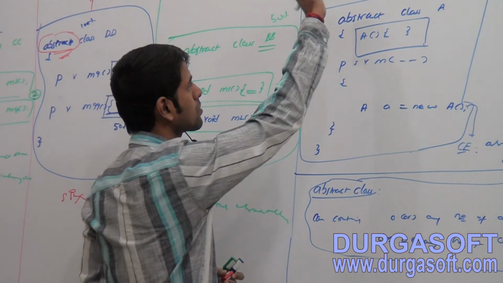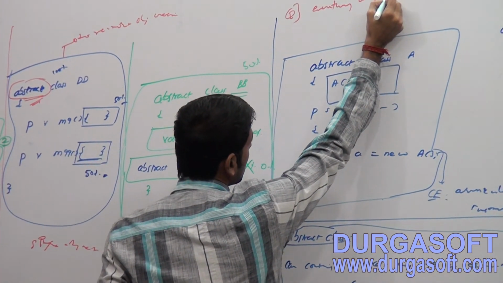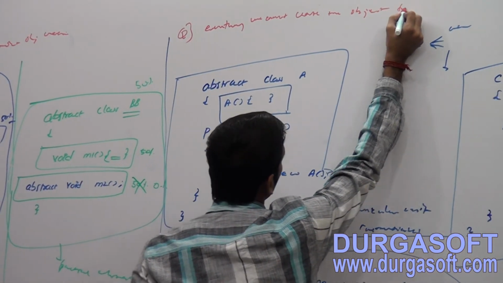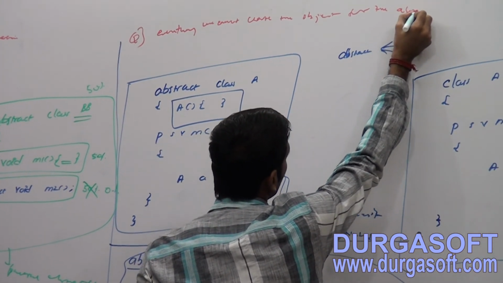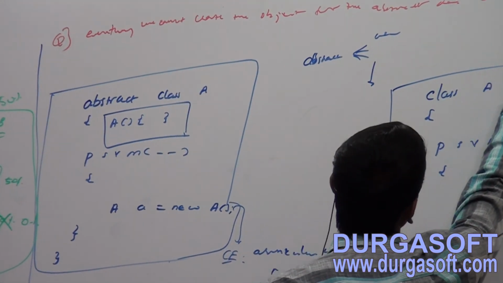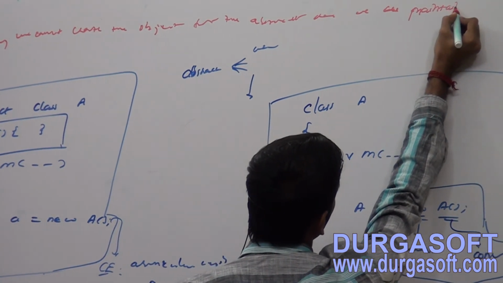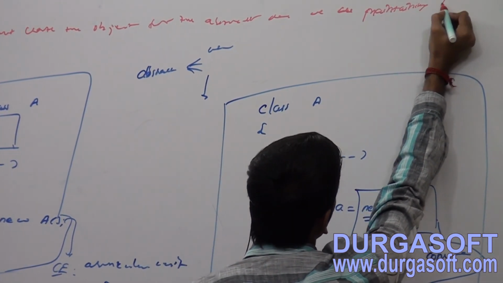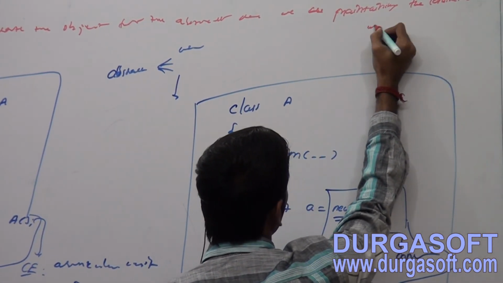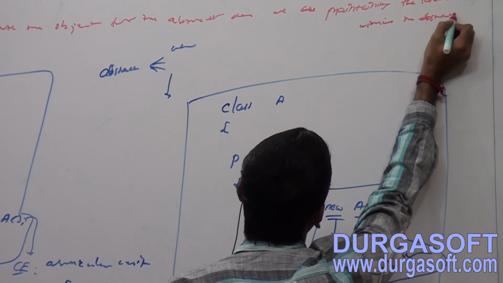Even though we cannot create the object for the abstract class, why are we maintaining the constructor within the abstract class?